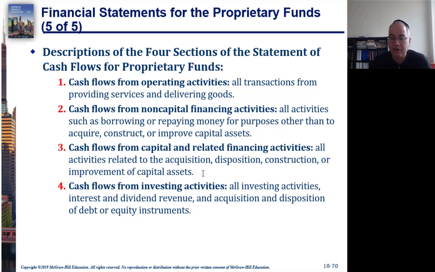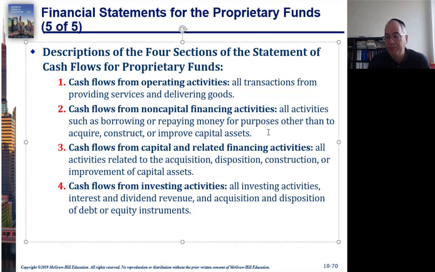And here you could just see a description of what I just said. Operating activities would be providing services and delivering goods. Non-capital would be not related to capital activities. And then capital and related would be acquisition, disposition, construction, or improvement of capital assets.